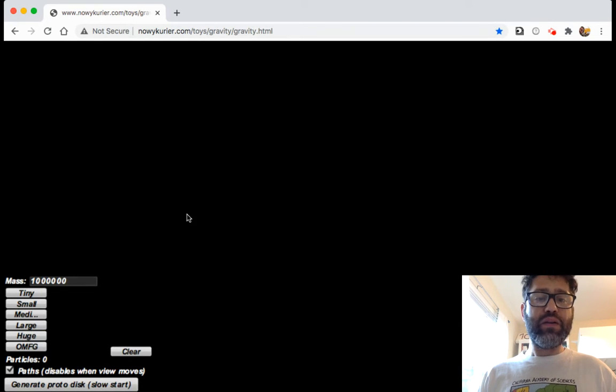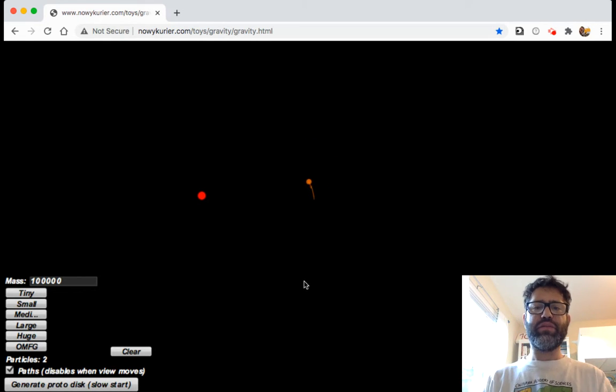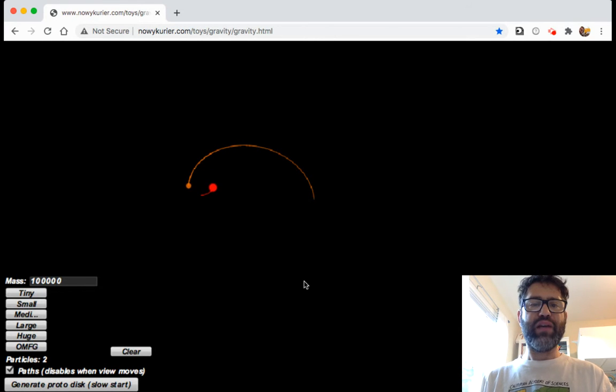I'll put the mass that is 1 million right there, and I will take my large object with 100,000 mass, and I will give it a greater initial velocity. And let's see how this one behaves. And we have an orbit.